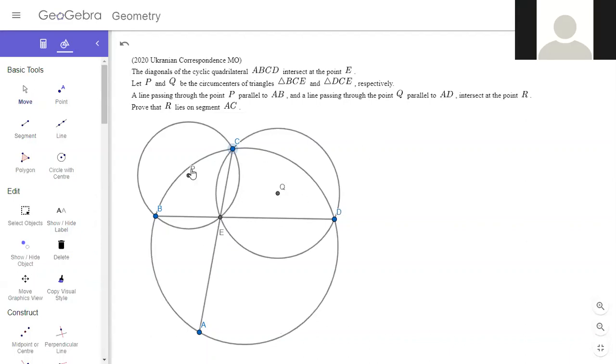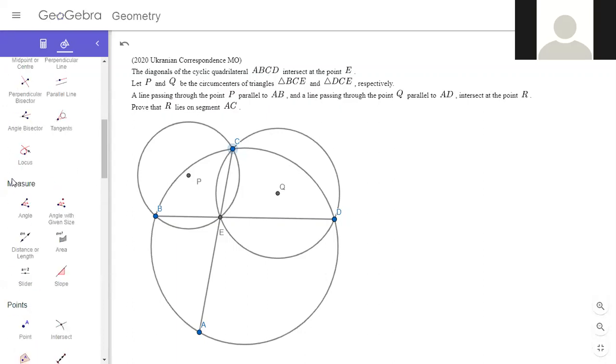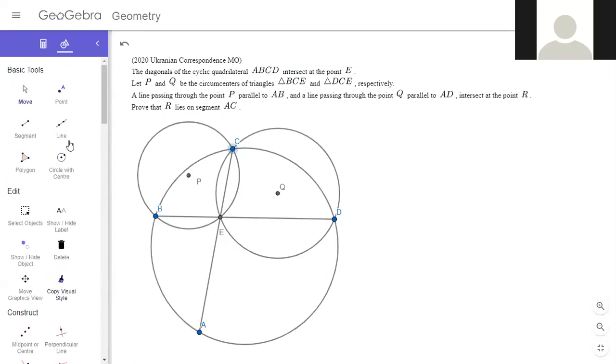All right, so P and Q are the circumcenters of BCE and DCE, and a line passing through point P parallel to AB. Okay, so let me draw AB and AD.